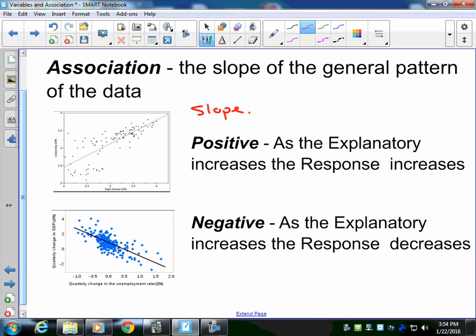We can see in both of these examples that line is put in, and we'll talk about that in lessons to come. A negative association, as the explanatory is increasing, the response decreases. That gives us the negative slope or negative association of those values.